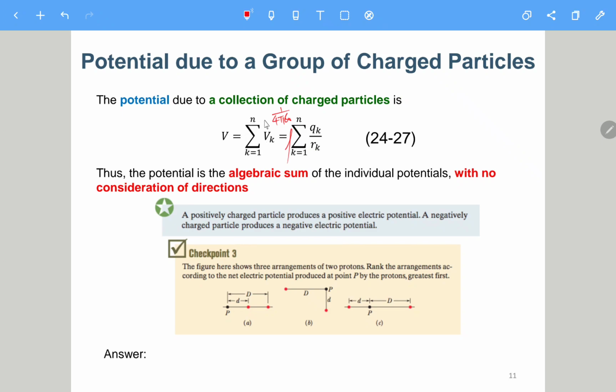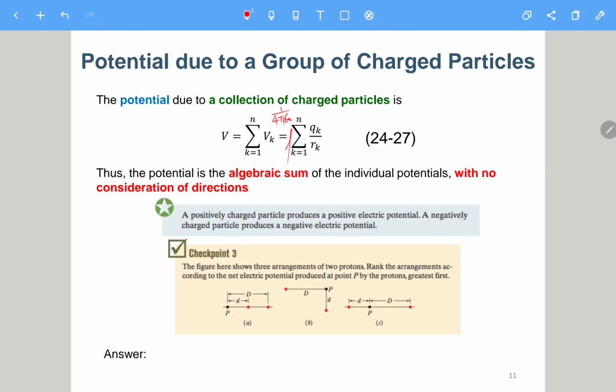So it's somehow similar to what we did before for the total force, total E field, we add them together. But the difference is, before, the force is a vector, the E field is a vector. So when we need to add all the forces or all the electric fields together, then we need to decompose the forces or E field into x-axis component, y-axis component, and then we add the x-axis components together and then add the y-axis components together.